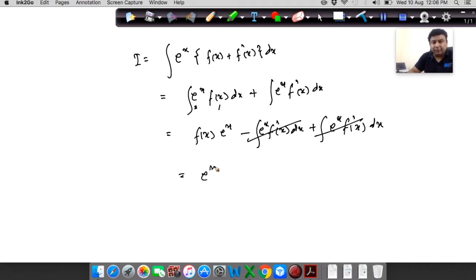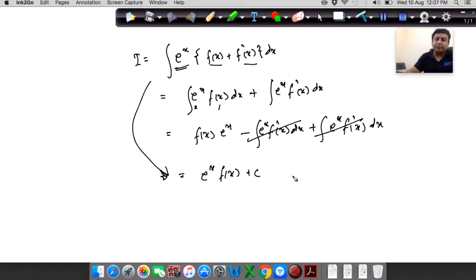Answer is e to the power x into f x plus c, which will always be true as long as we have e to the power x outside and f x plus f dash x. So whenever we have a function plus its derivative and e to the power x outside, we can directly use this as a formula, that is e to the power x into f x plus c.